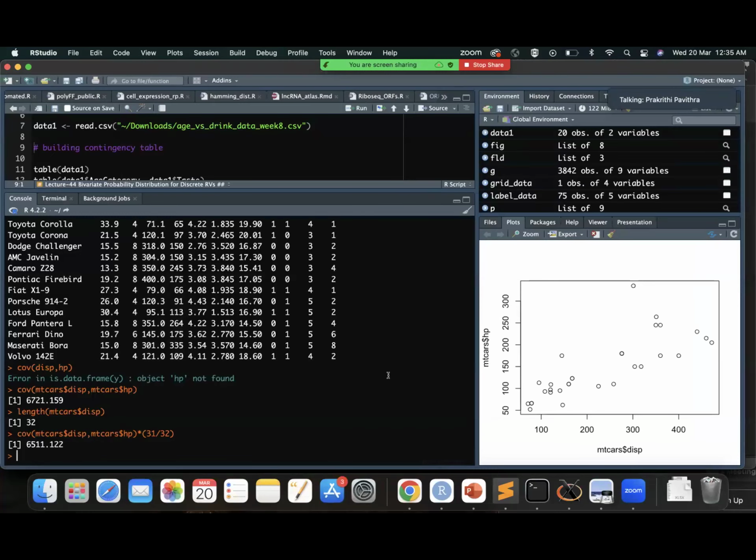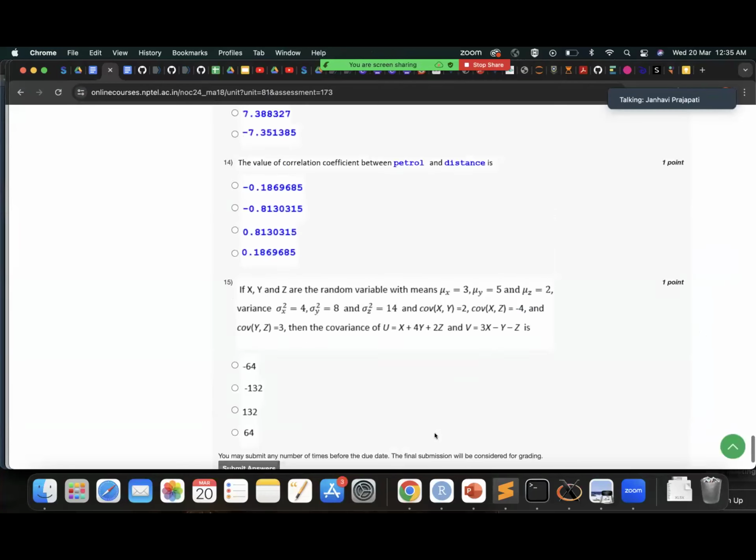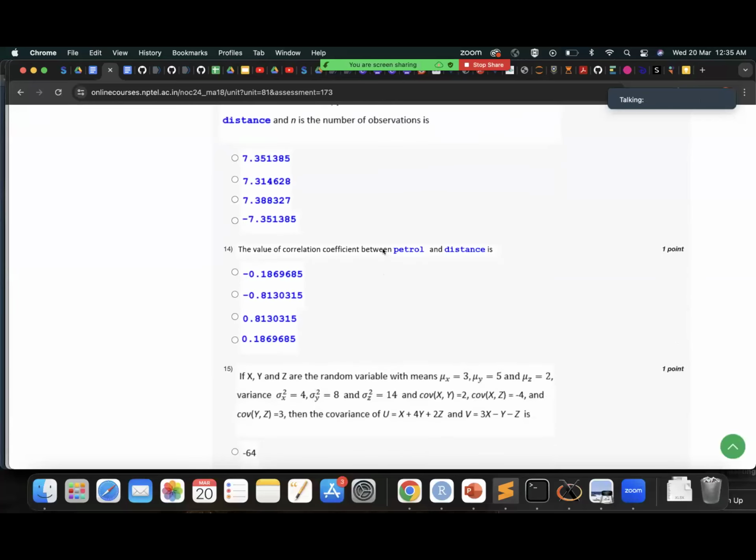That's all for today's lecture. And for the correlation part, the next question, I think it is 14. Same, we can do this from R. The correlation coefficient will always be between -1 and 1.